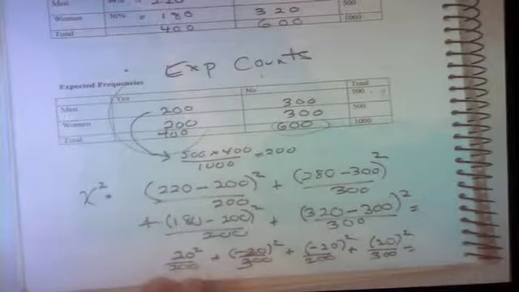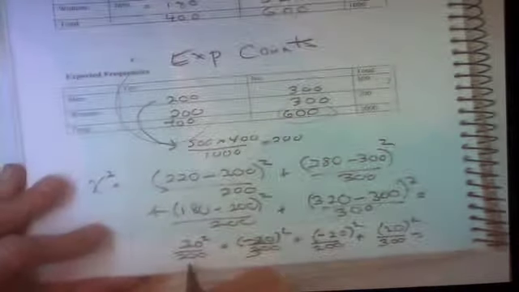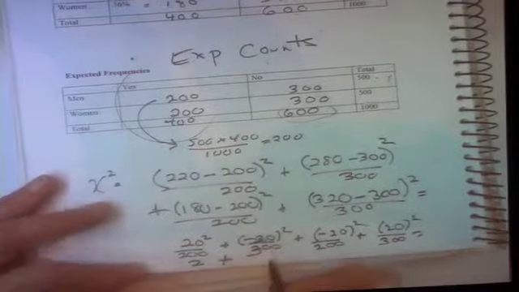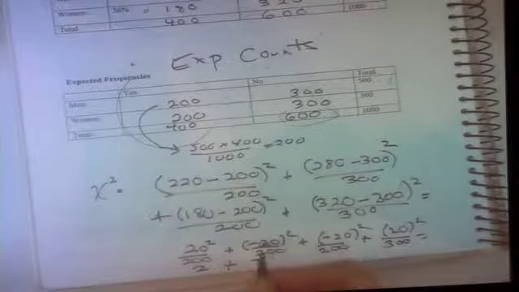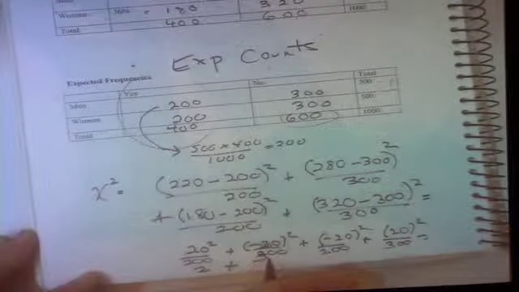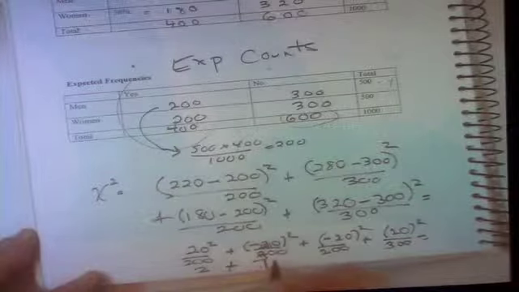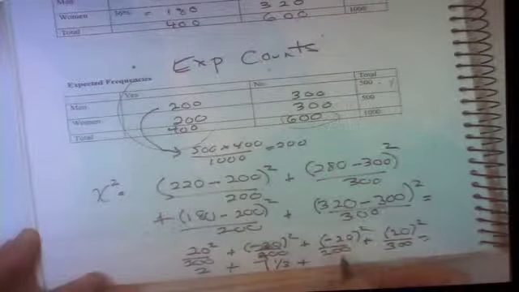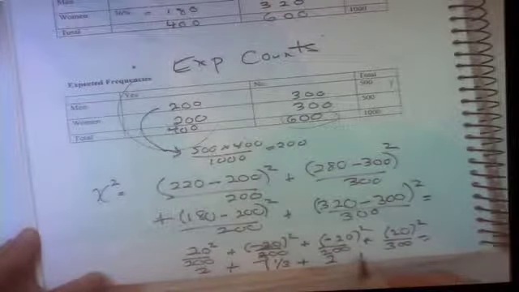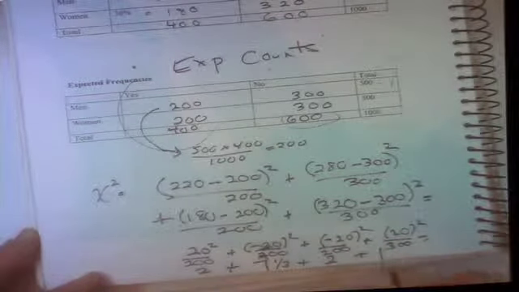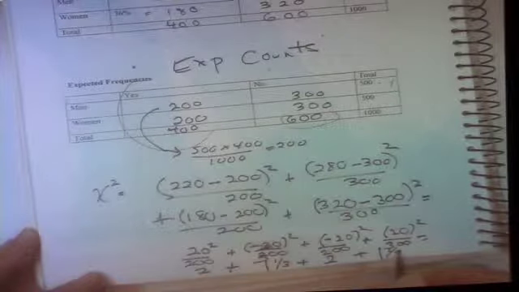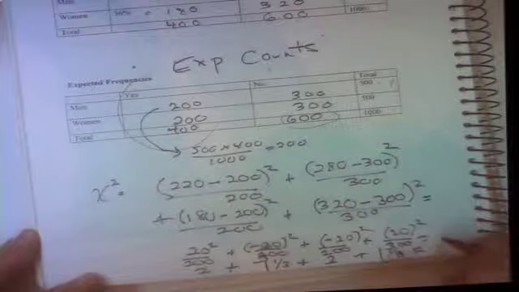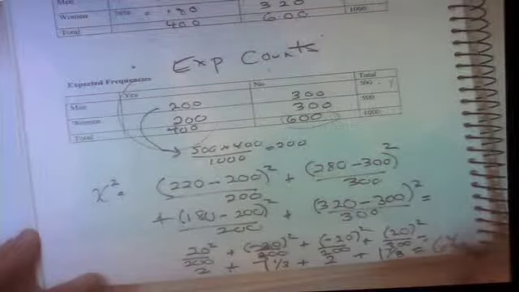So what do we get? This is 400 over 200, which is 2, and this is 400 over 300, which is 1 1/3. So we get 6 2/3 is our answer.